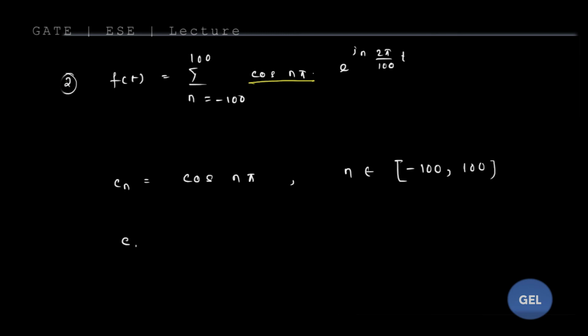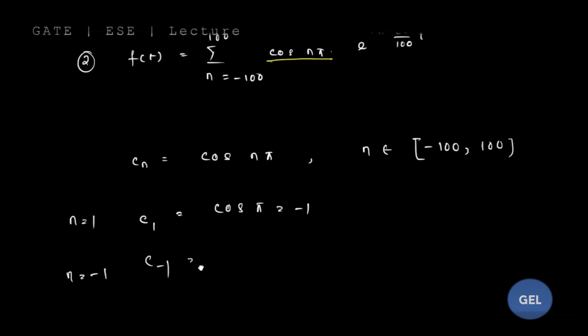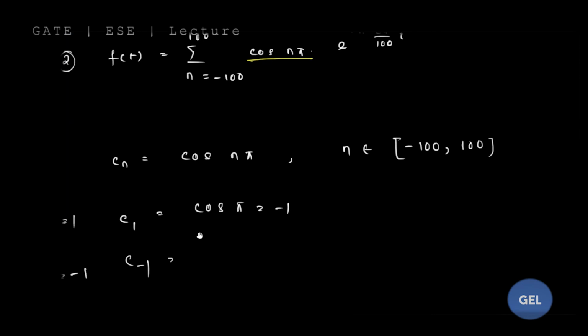If you put 1 in place of n, you get cos pi, which is minus 1. For n equals minus 1, you get cos of minus pi, and cos of minus theta is cos theta, which is minus 1.